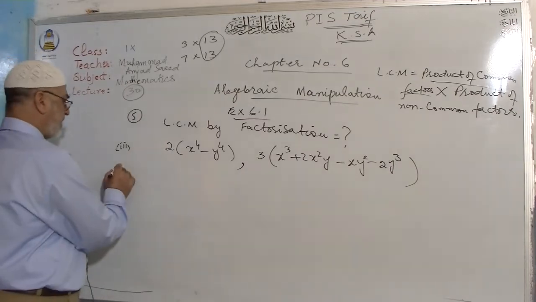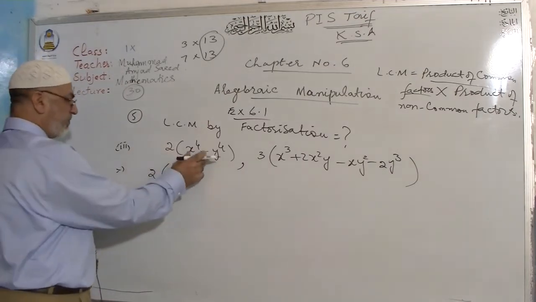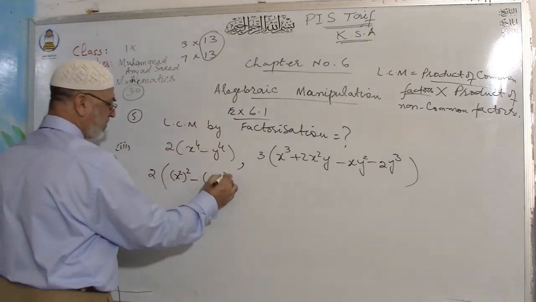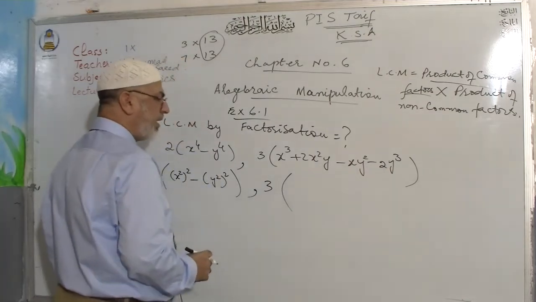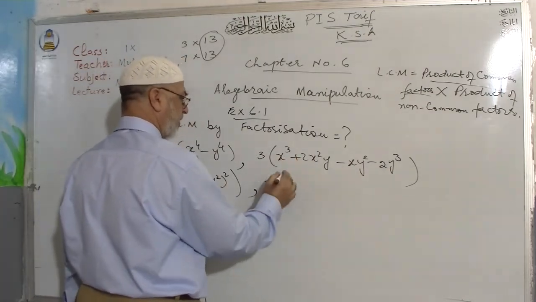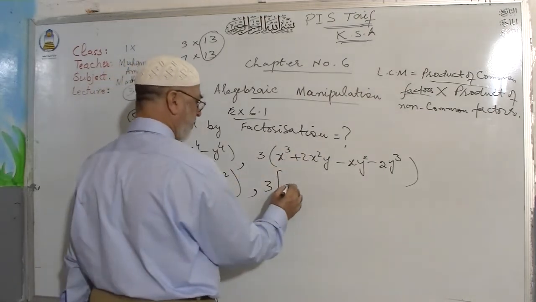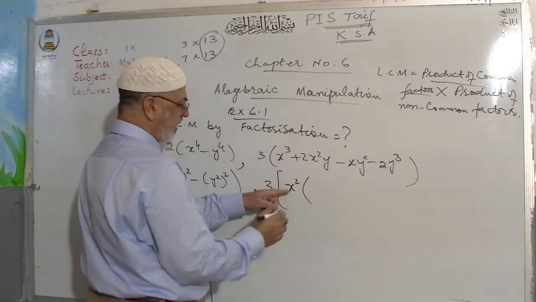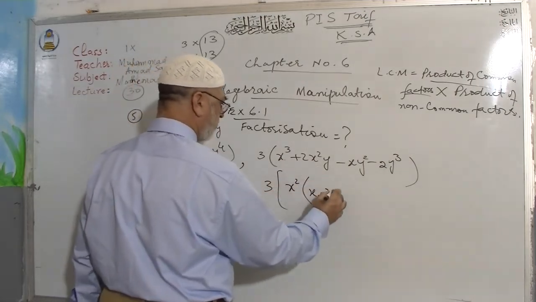Dear students, you can write it in the proper shape of the formula. Here is x square whole square minus y square whole square, and here you can take x square common from the first two. If you take x square common from the first two, you will have x plus 2y.